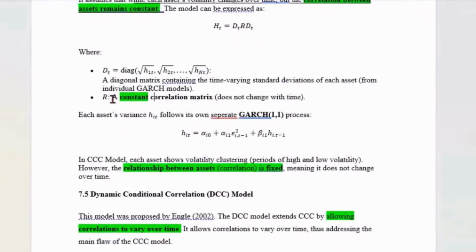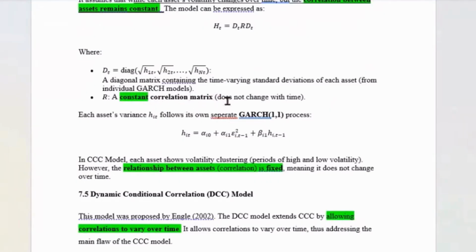Remember, we say it is a matrix because it consists of several assets. So this correlation matrix does not change over time.